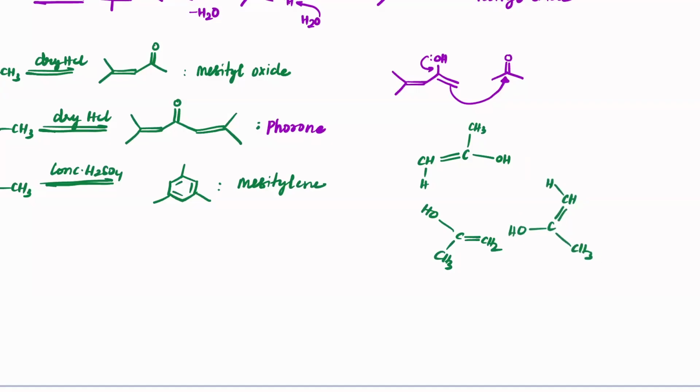Now let me show you how this is happening. Here we have H. So imagine removing a water molecule from here, a water molecule from here, and a water molecule from here.